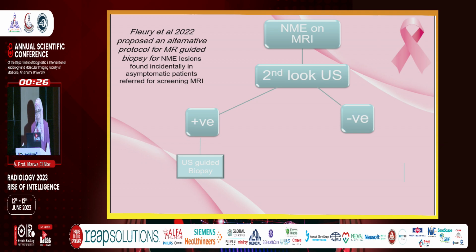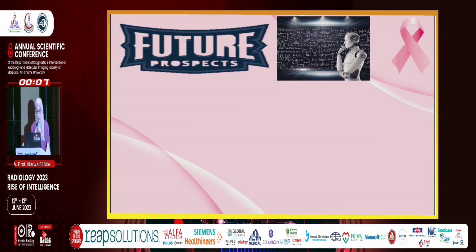Then if we have a negative correlate on ultrasound, we look at the internal enhancement pattern. If it was classified as BI-RADS 3 or 4A, we can do a short-time follow-up, like 6 months follow-up. And if it's BI-RADS 4B, we could go directly for percutaneous biopsy.